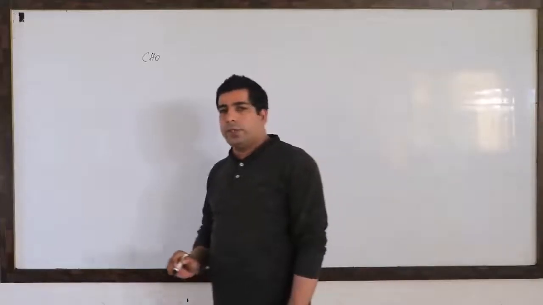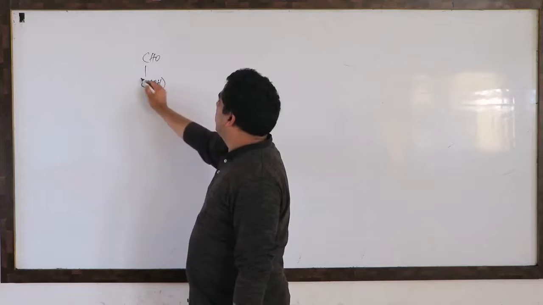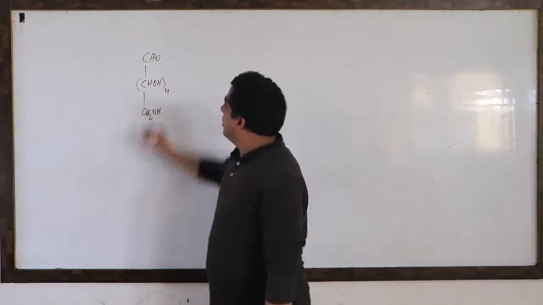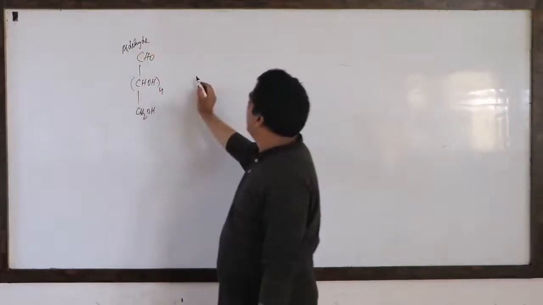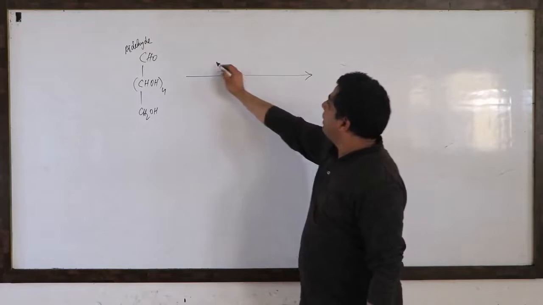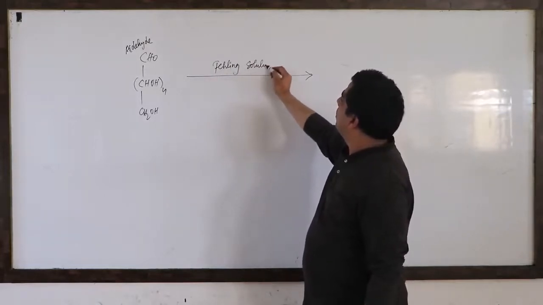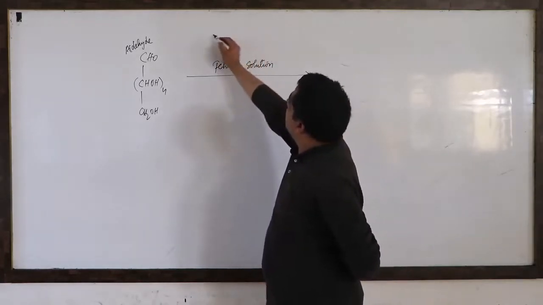So let's talk about our sugar molecule. Okay, this is our aldehyde in a sugar molecule. So I am using the Fehling solution. And everybody knows that this Fehling solution contains, what is it actually?